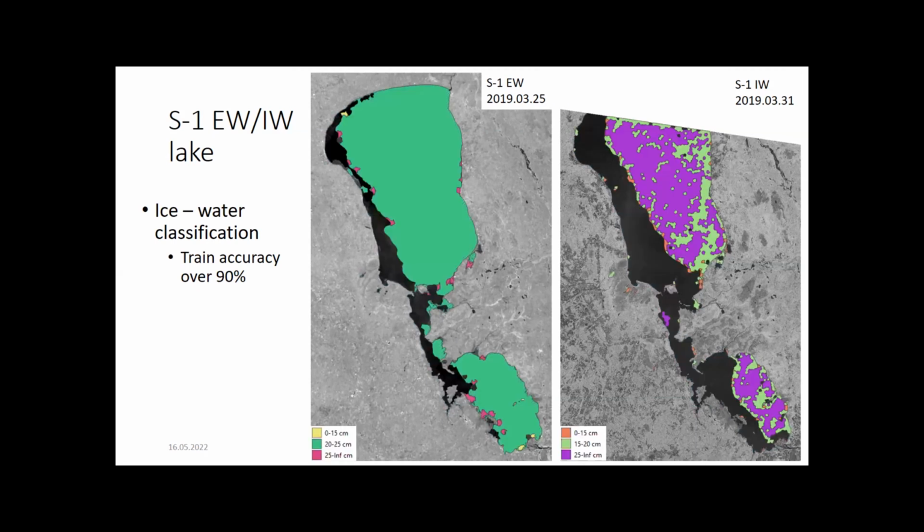But the thickness model, even though it shows some results, these results I wouldn't trust, since the amount of data inside the model is very small, and there isn't any strong relation between the ice thickness and the SAR signal at the moment.